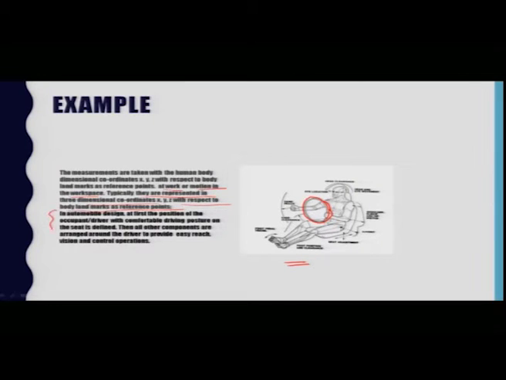So, in automobile design, at first the position of the occupant driver with comfortable driving posture on the seat is defined. Then all other components are arranged around the driver to provide easy reach, vision and control operation.